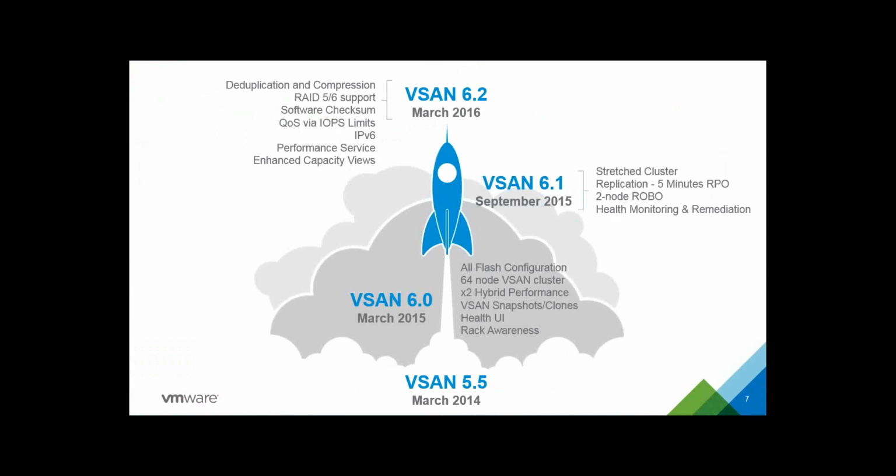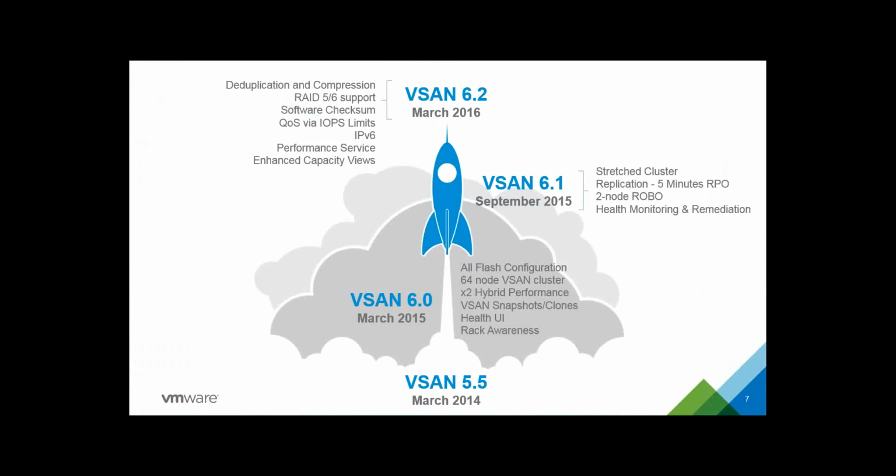But with 6.1, we introduced stretch clusters. We introduced 2-node, which is essentially a stretch cluster config in a 1+1+1 type of configuration. I'll show you my home lab in a minute. That's actually a 2-node. And then we've added a health check UI, which I'll show as well. And then in 6.2, which we released back in March of this year, we added deduplication and compression.